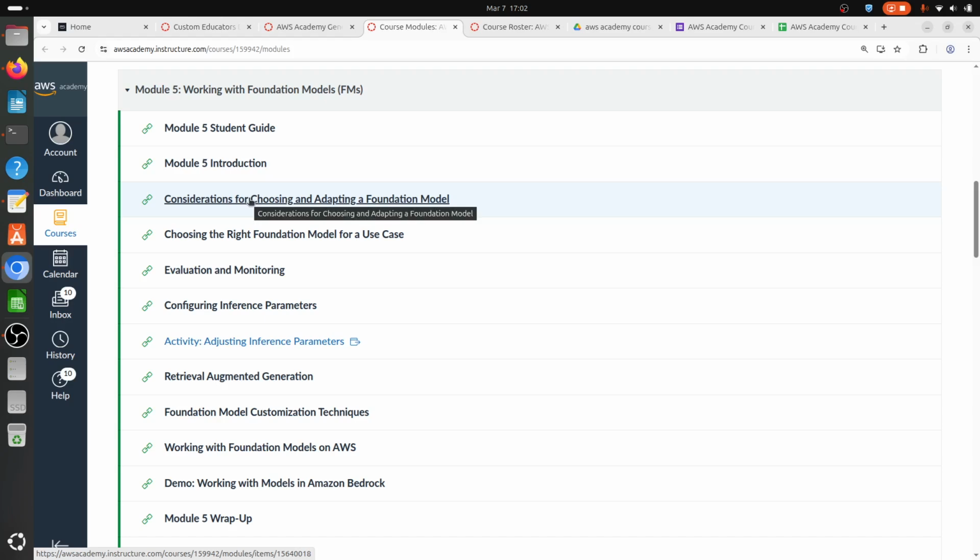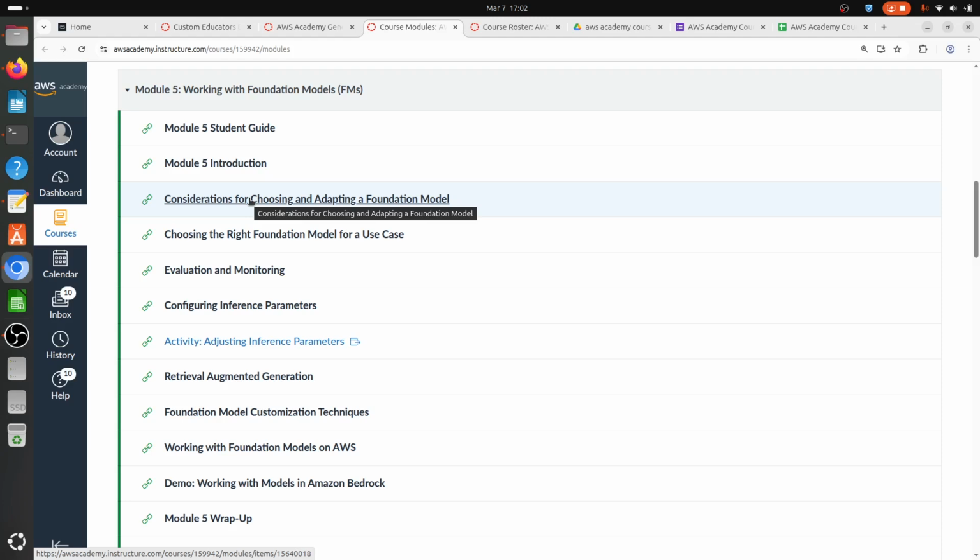Because as we understand, these foundation models are large, they require a lot of space, and when I want them to be adapted, I want them to be trained further, and for that I require a lot of computational resource, which is of high cost, because the model itself is very large and the amount of data required is also large.